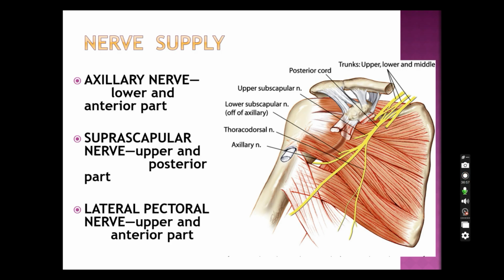Then it reaches the infraspinous fossa where it supplies the infraspinatus muscle. At that time it gives articular fibers to the shoulder joint. And upper and anterior part is supplied by the lateral pectoral nerve.